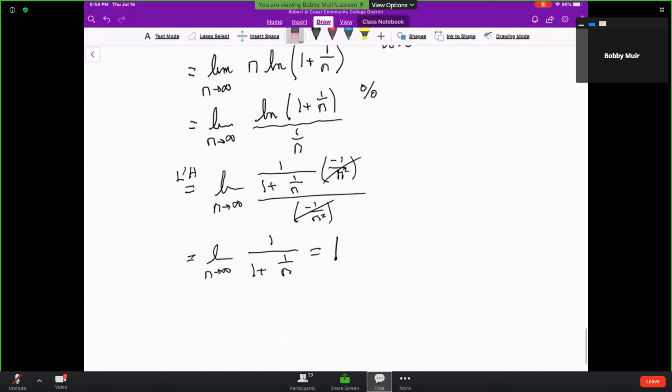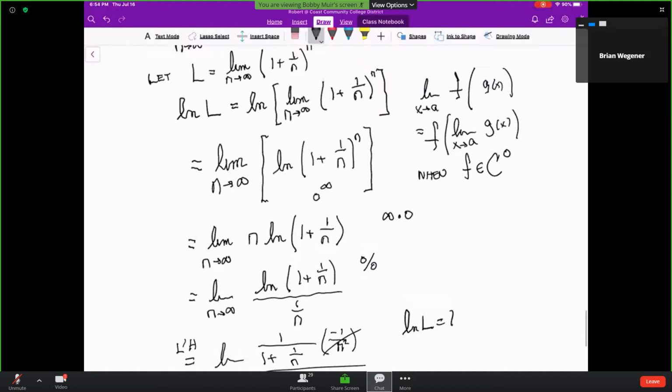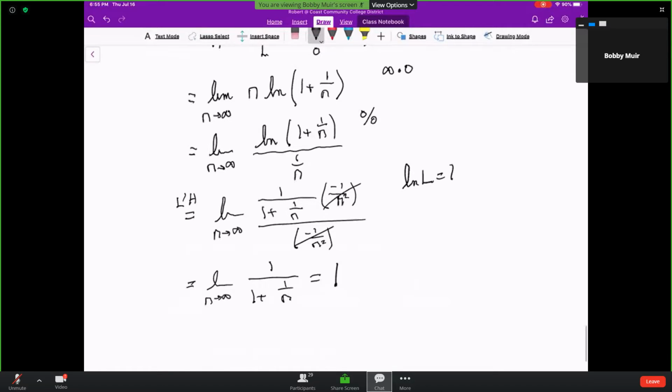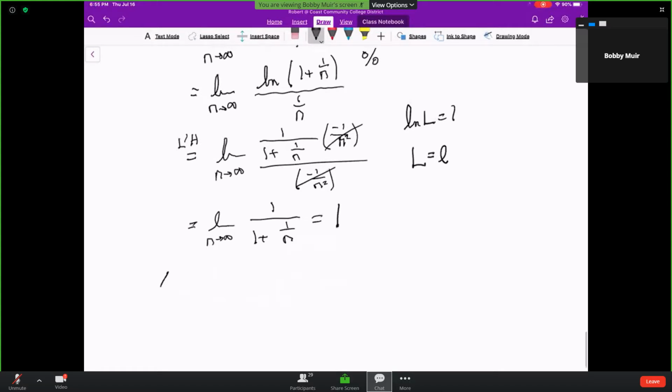Because what we just found was that the natural log of the limit L equals 1. See, way back up here? So that's the trick. If the natural log of a number is 1, the number must be e. I want you to try to remember this because it's going to show up.